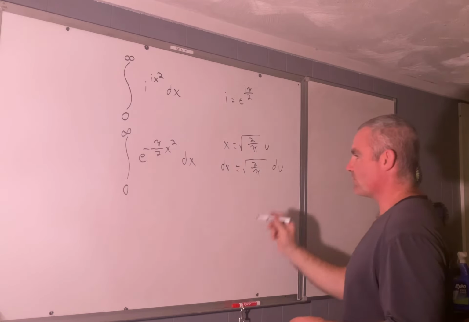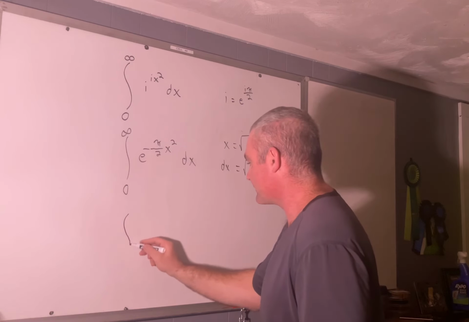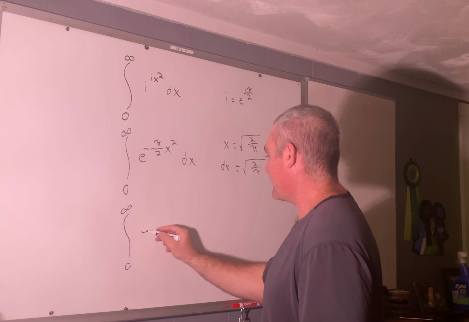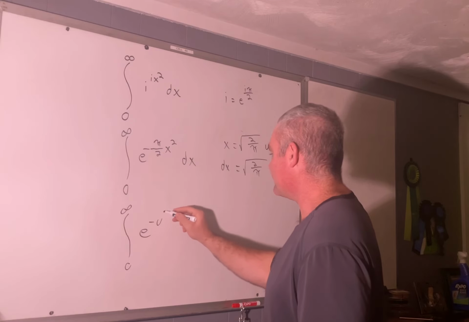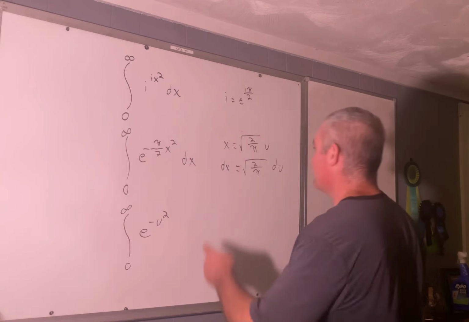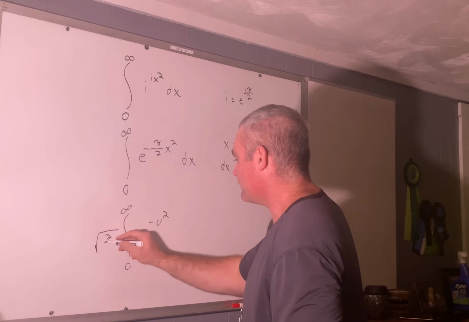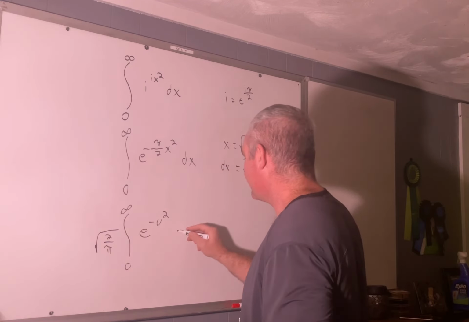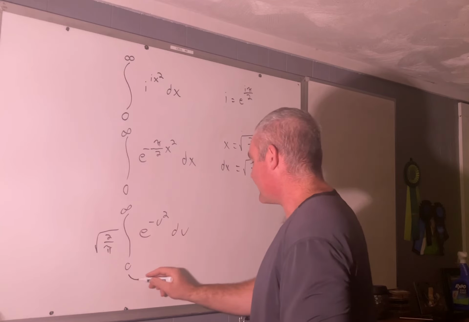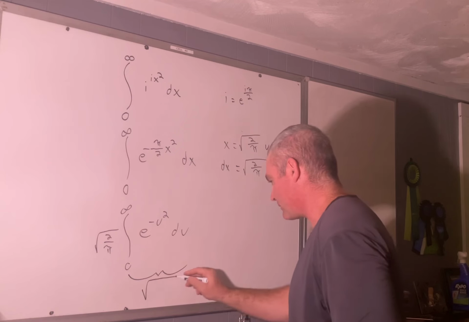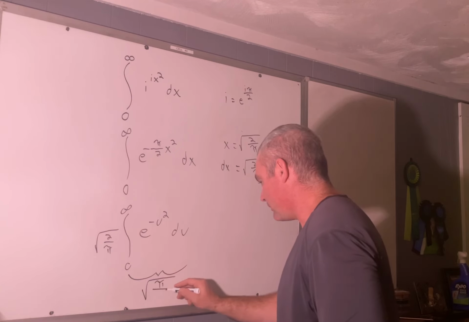Our substitution will not change our bounds of integration. This will still be the integral from 0 to infinity, and then we'll have e to the negative u squared. That was the whole point. And then our dx becomes square root of 2 over pi du, recognizing that this is simply half the Gaussian integral, which is equal to the square root of pi over 4.